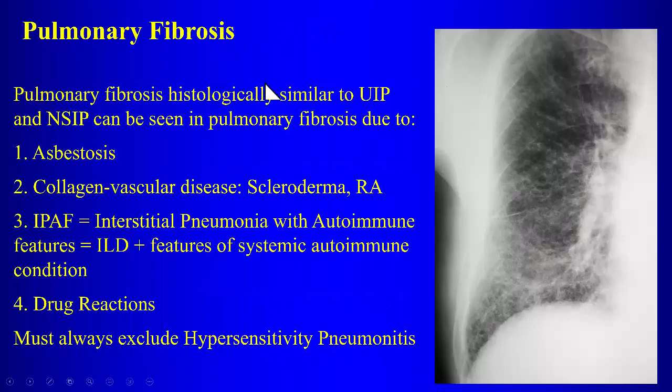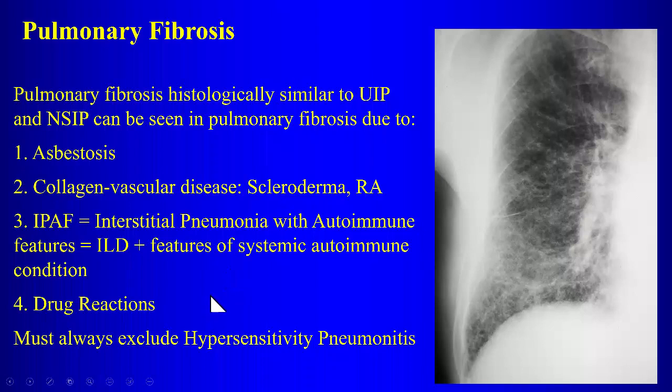All right. So fibrosis can be caused by other things besides idiopathic interstitial pneumonia. We can have it from environmental exposure like asbestosis, and collagen vascular diseases. IPAF is an abbreviation for interstitial pneumonia with autoimmune features. So essentially, it's interstitial lung disease with features of some underlying autoimmune condition, even though they're not able to diagnose exactly what that condition is.